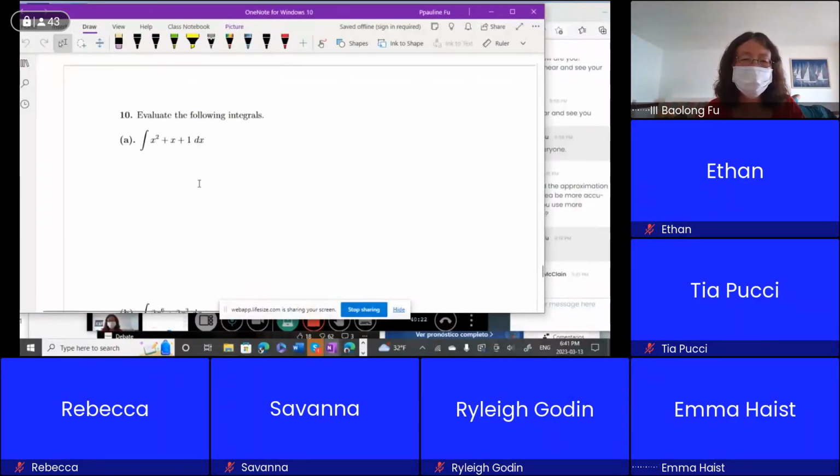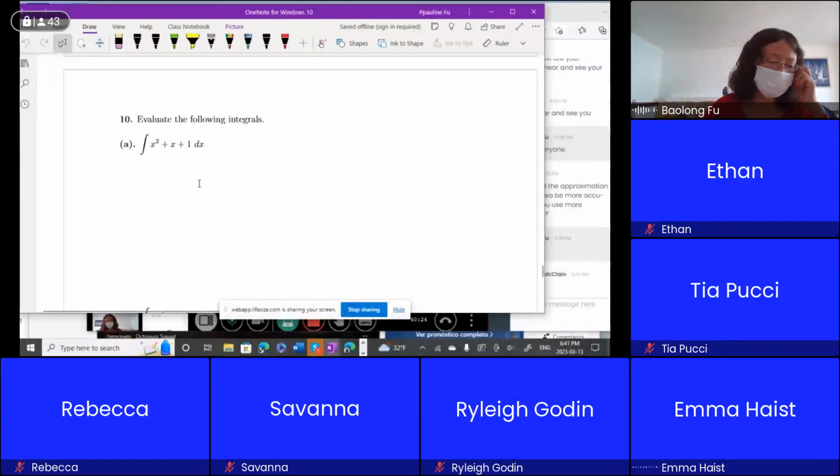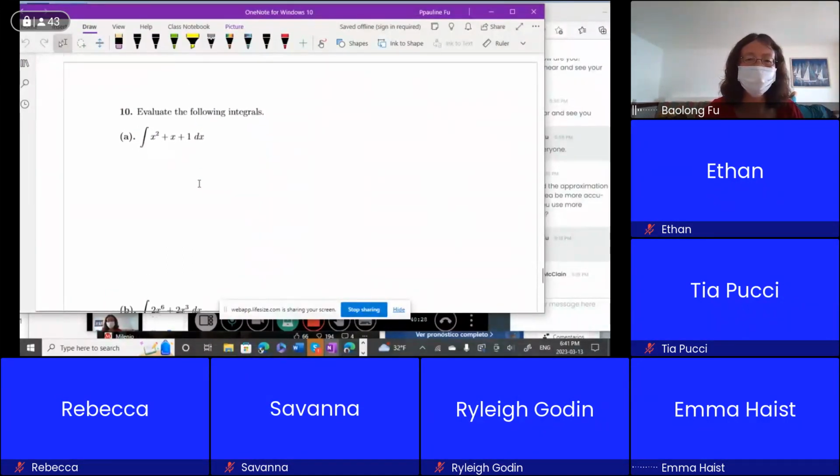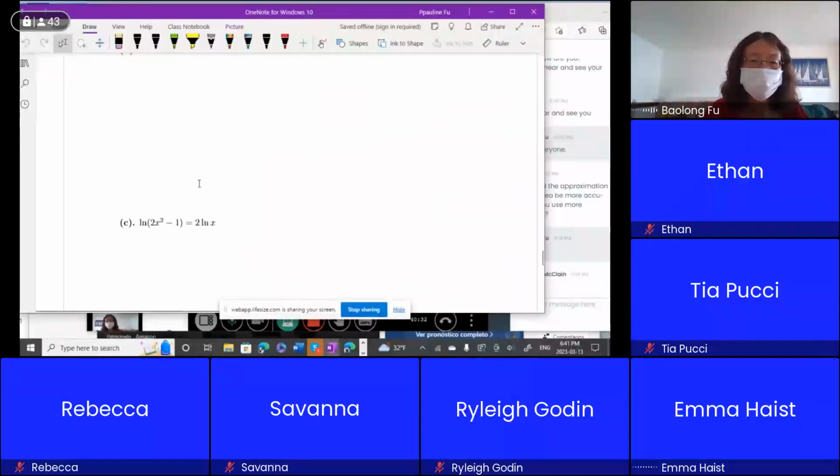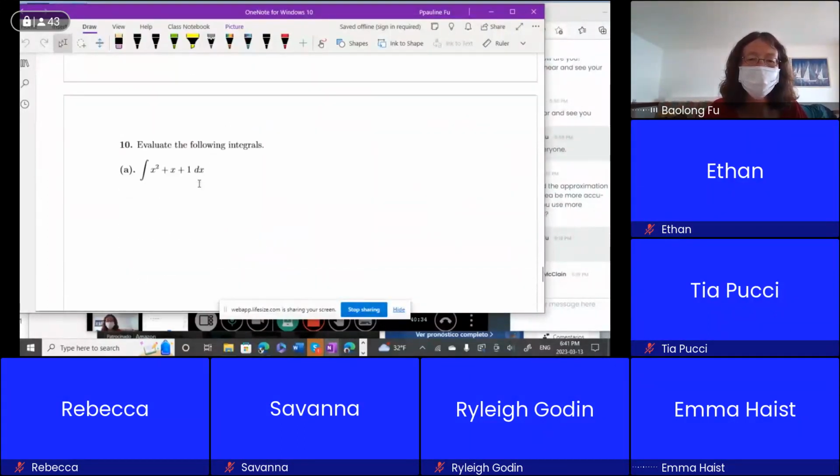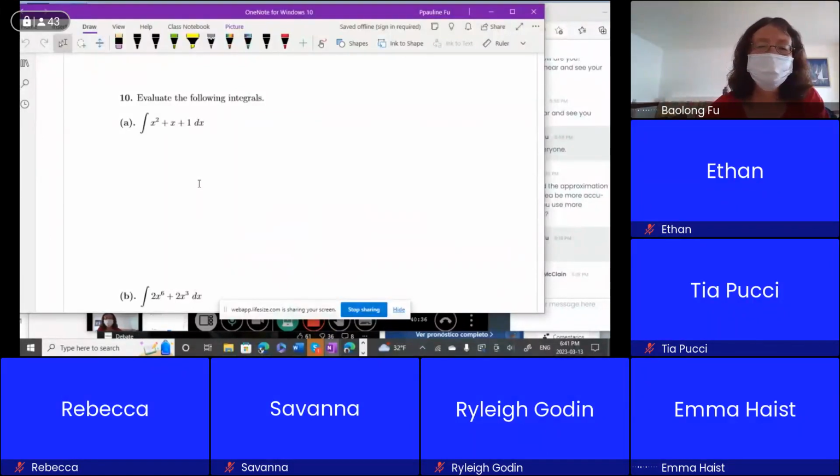This is actually in indefinite integrals. Okay, let's do this one. Question A, we need the fundamental formula: the integral of x^n dx equals 1 over n plus 1 times x^(n+1).